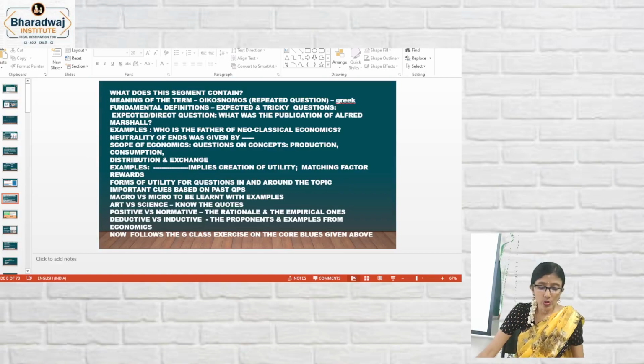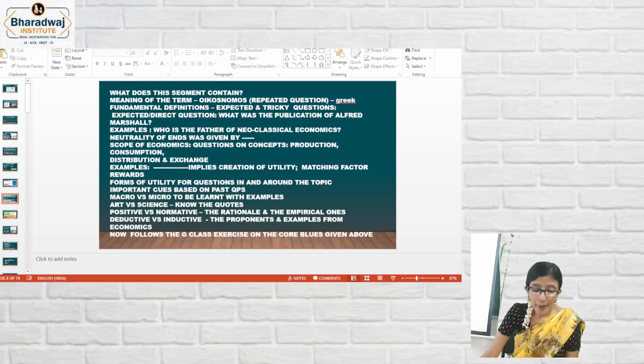Yes, please note this point, my dear students. Scope of economics, when you say questions on concepts, what do you understand by production, consumption, distribution and exchange? Now here, one example question. Dash implies creation of utility.